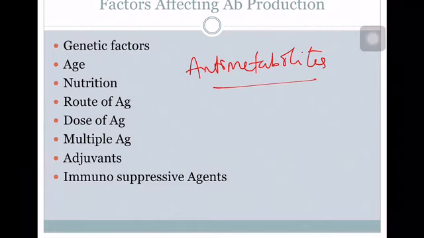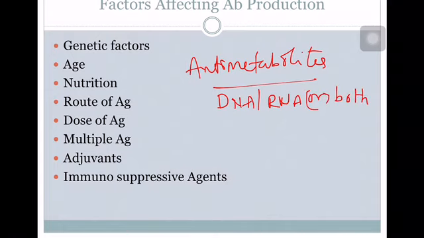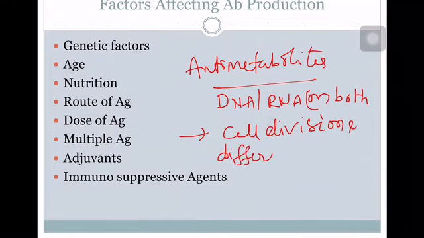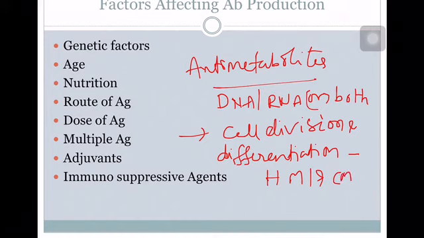Antimetabolites include substances that interfere with the synthesis of DNA, RNA or both, and inhibit cell division and cell differentiation, which are necessary for HMI and CMI.